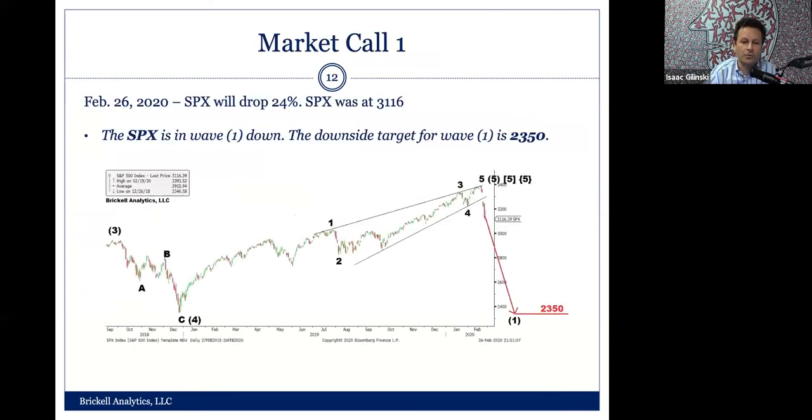So last year, using the Elliott wave rules and theories and price targets, we were able to see a top in the S&P 500 forming at about 3,400. And then we called for a reversal in the market to 2,350.